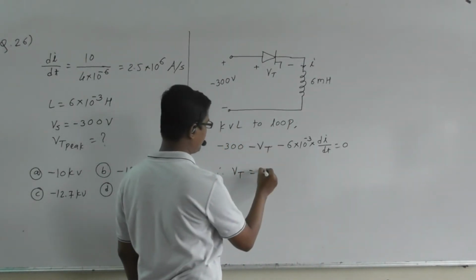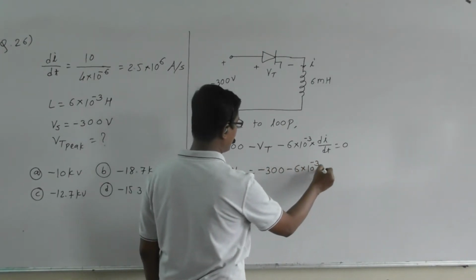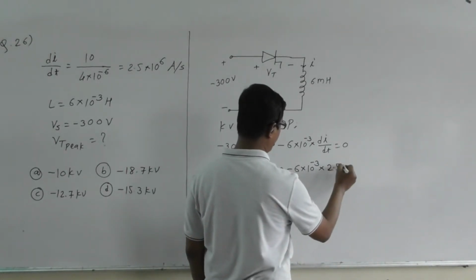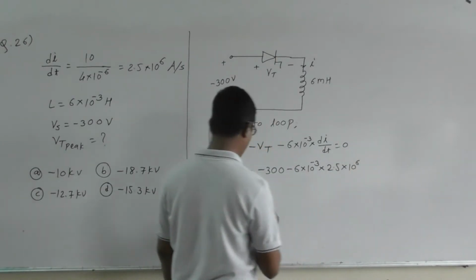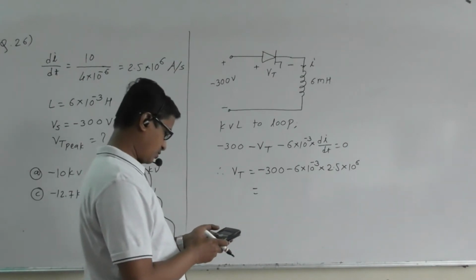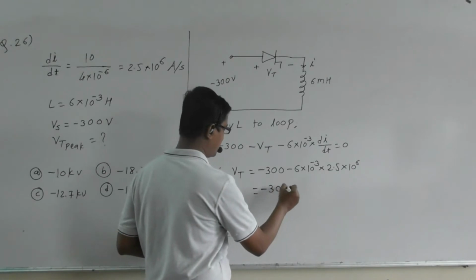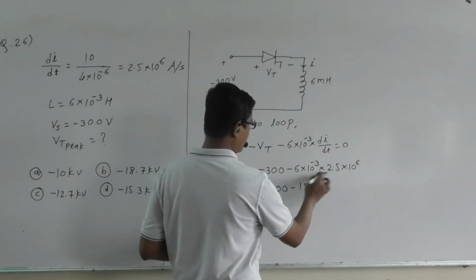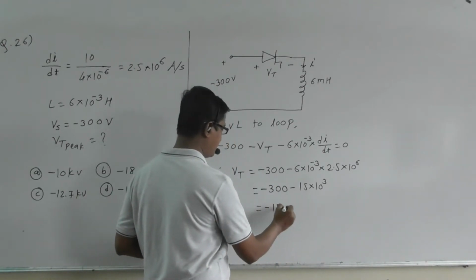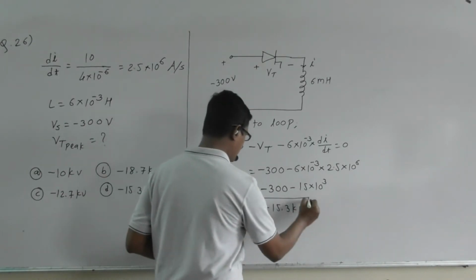VT is equal to minus 300 minus 6 into 10 to the power minus 3 into what is di by dt? It is 2.5 into 10 to the power 6. Okay, so 2.5 into 6 is 15. So it is minus 300 minus 15 into 10 to the power 3. So it is like minus 15.3 kilovolt. This is the voltage across the thyristor.